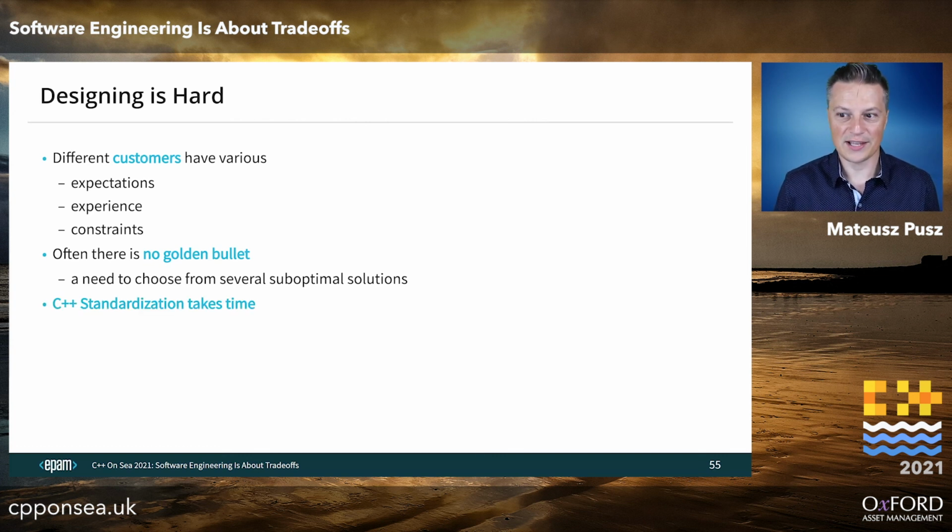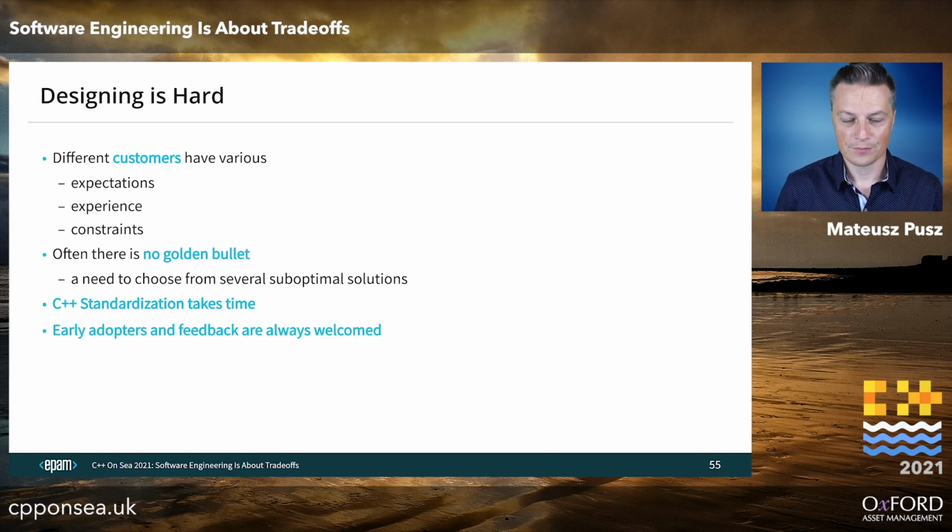C++ standardization takes time, right? So you cannot just standardize everything, all of the options. In order to make the best choices possible, we would really like to encourage early adopters to provide feedback and basically their requirements. Go and try my library. Go and try the linear algebra library or any other library that is considered to be standardized in the nearest future. Provide feedback: how does it prove for you?